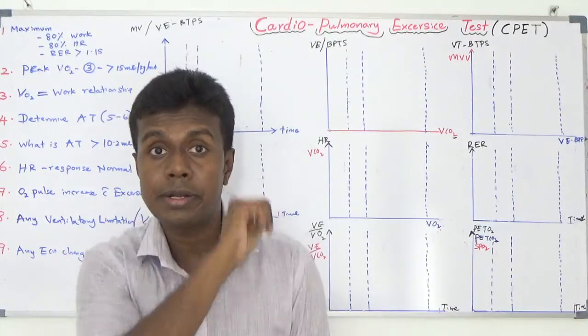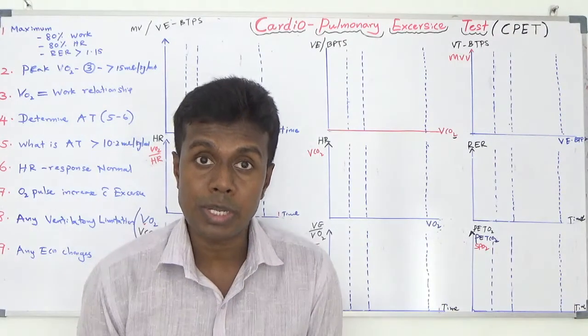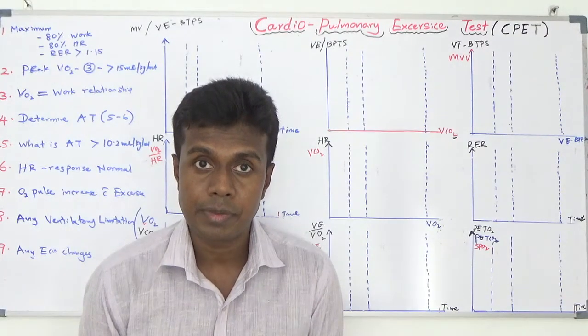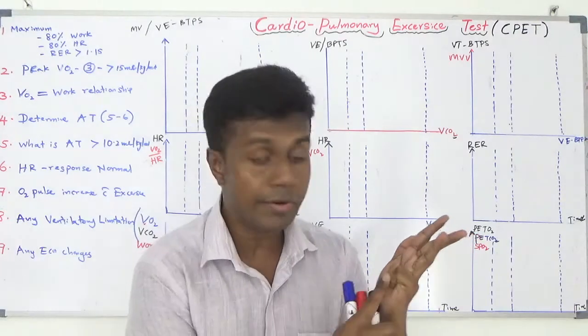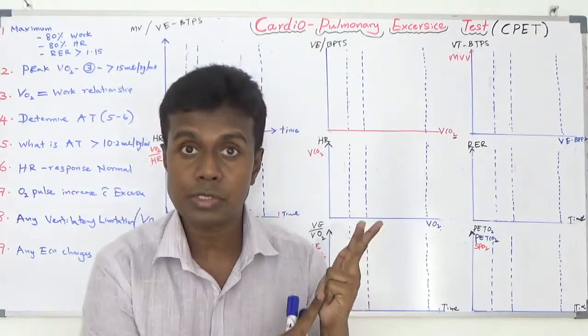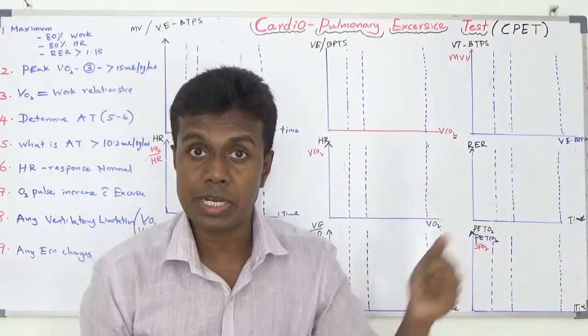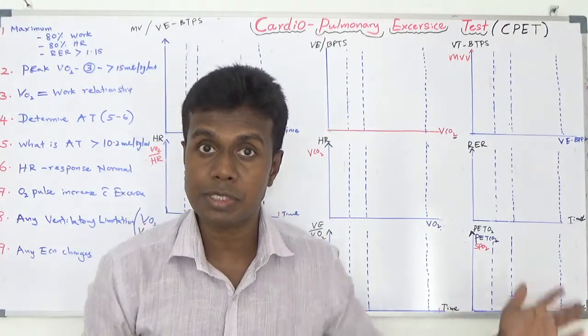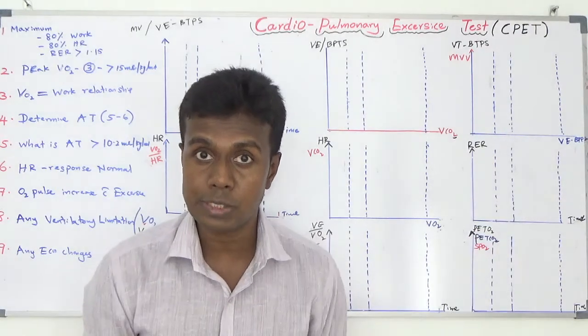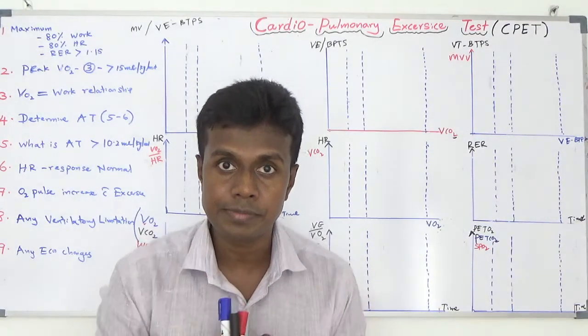Then Dr. Wasserman did the cardiopulmonary exercise test on them. He separately calculated the heart rate increment, carbon dioxide production, volume of oxygen utilization, respiratory exchange ratio, partial pressure of oxygen, carbon dioxide, and saturation.